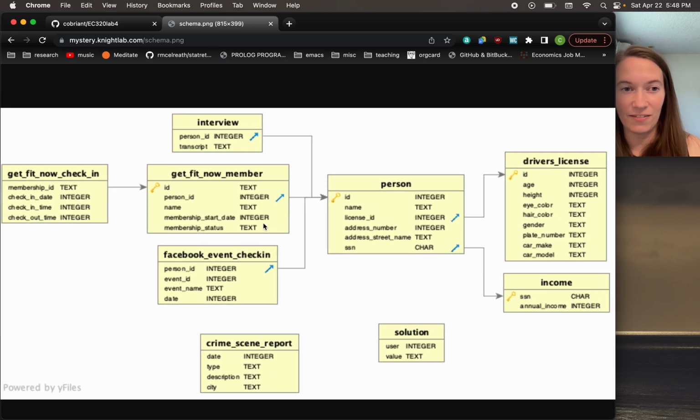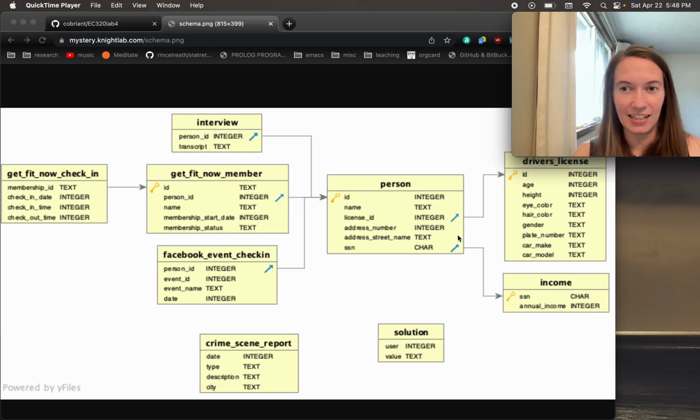Okay, so you're going to have all these different data sets in the murder mystery. And I link you this URL to go and look at this diagram. This diagram is called an entity relationship diagram, or ER diagram. It shows you the variables that can be used to link the data sets together.